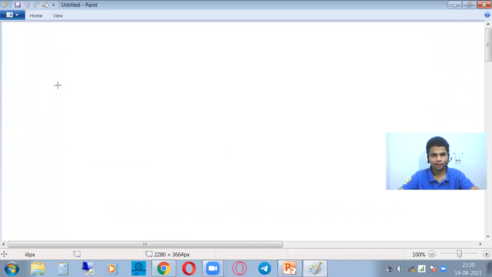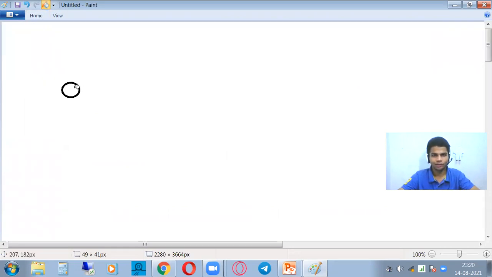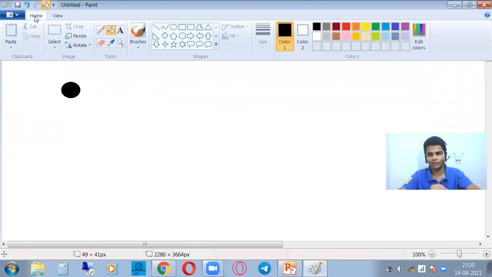Let us assume that this is the nucleus of an atom, and I will circle this portion in dark so that you can understand. In the nucleus there are two things: one is the protons, and another is neutrons. Along with the proton and neutron, we call them nucleons.